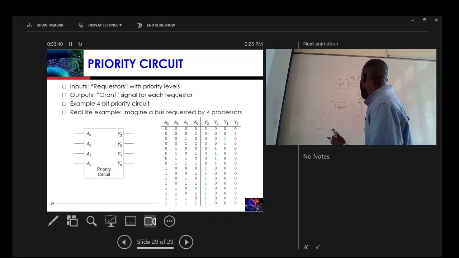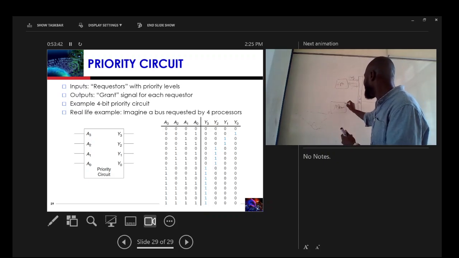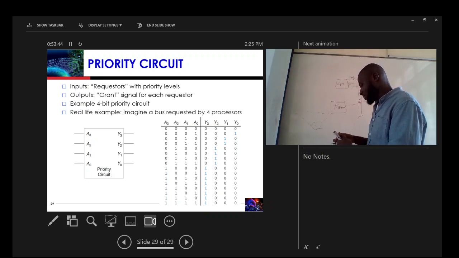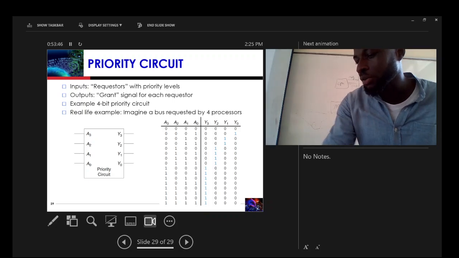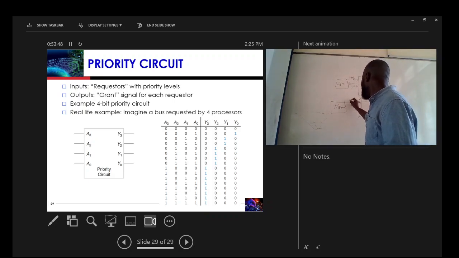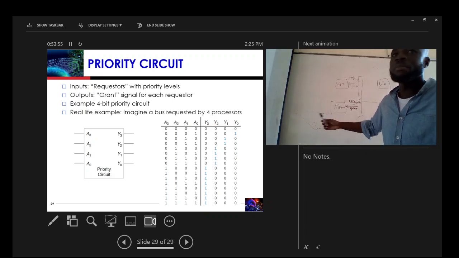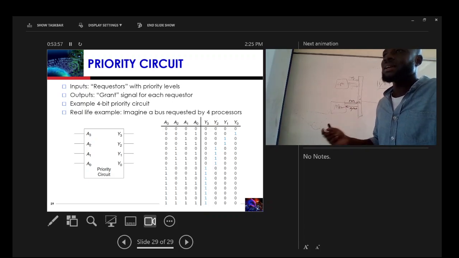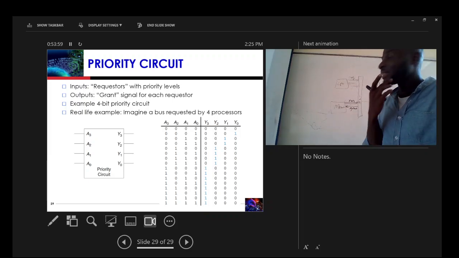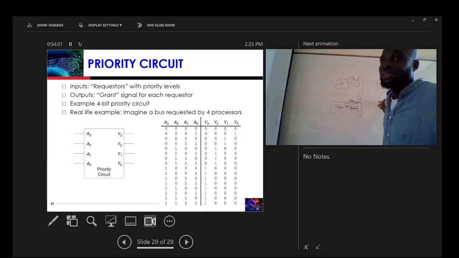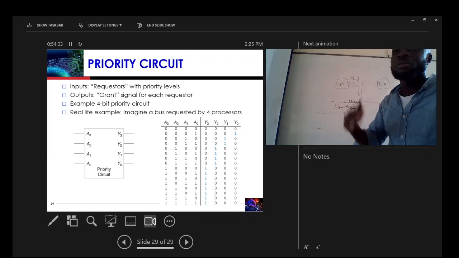Now, all other components have the same connection. We have the request from the memory also, then grant. If the memory also wants to use the bus, it has to request, and if the bus is free, it will be granted. The same with I/O, and the same with the accelerators connected to it.